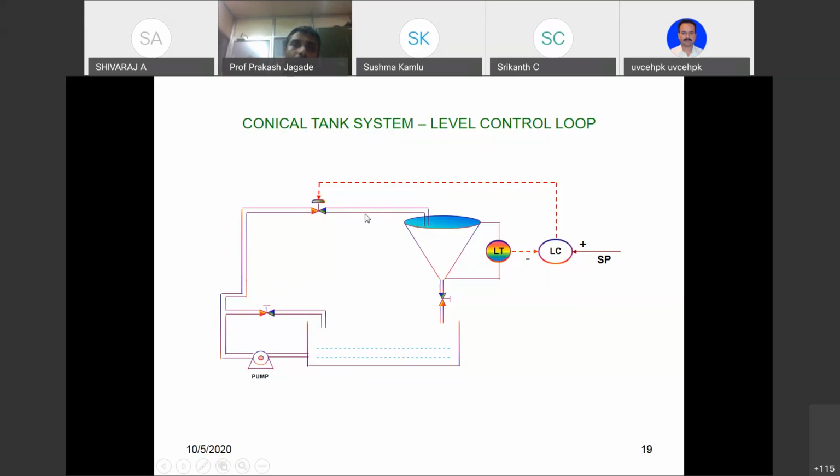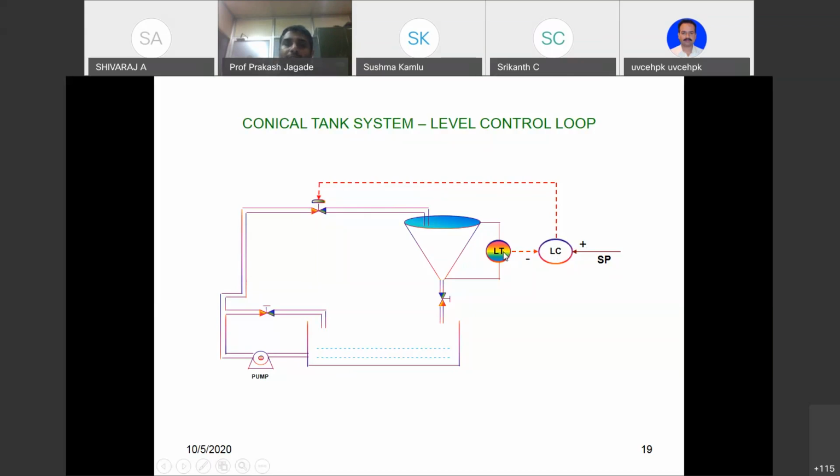By adjusting the inflow rate into the tank, we will control the water level in this conical tank. The transmitter and the valve are interfaced to a PID controller, that is, your level controller, an industrial type PID controller.